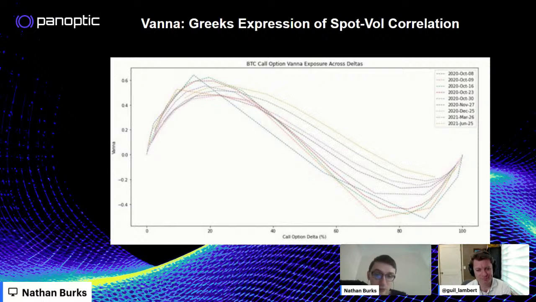So it's really just an expression of the spot vol correlation because you can interpret it either way, and it peaks around the 15 delta mark, as this graphic demonstrates.